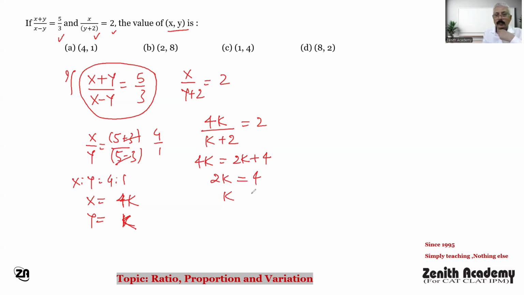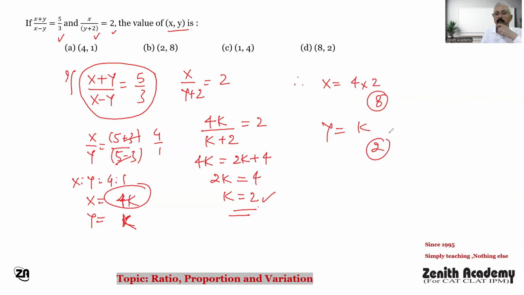So k is equal to 2. So now x is 4k, 4 into 2, means x is 8, and y is k. K is 2. Y is k means y is 2.